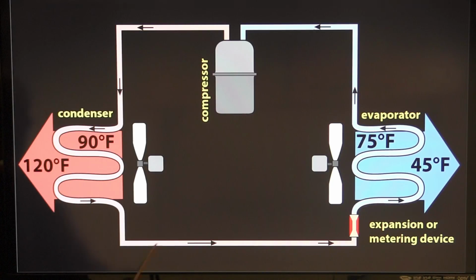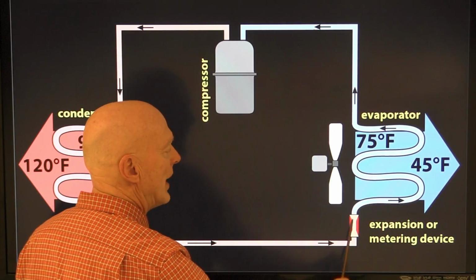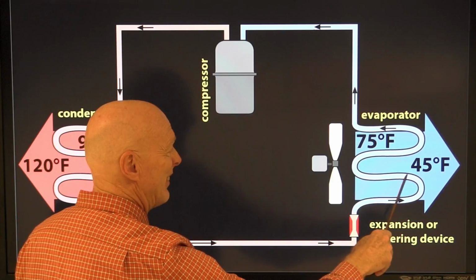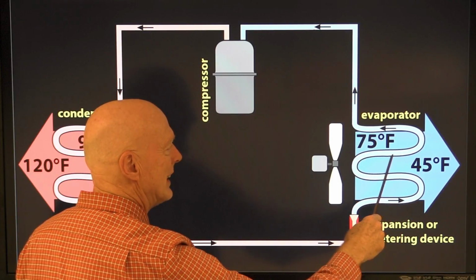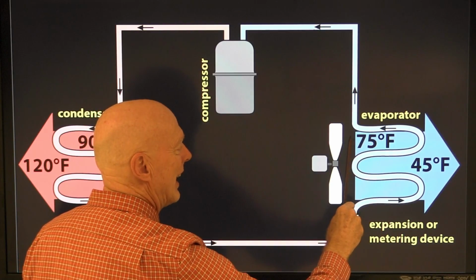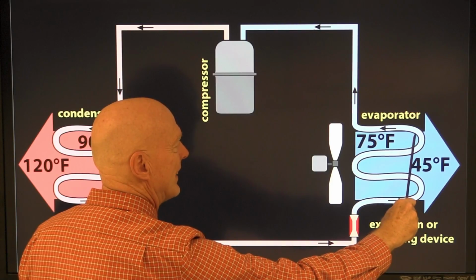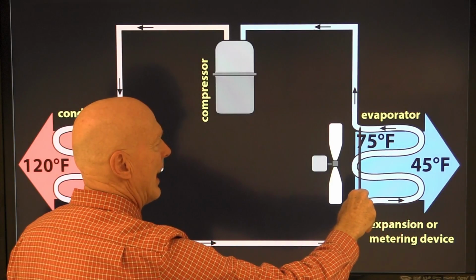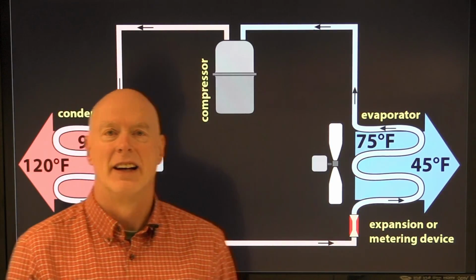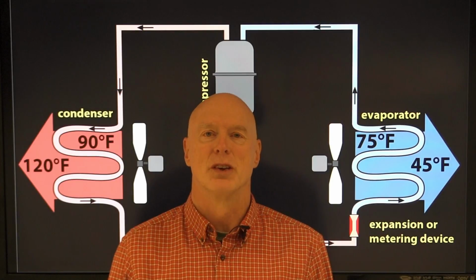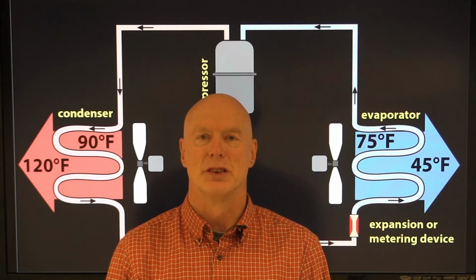Then we have the liquid coming over here to the expansion device or metering device, sprayed into the evaporator, becoming a gas again, and in the process sucking heat out of the air and out of the metal and cooling the air in the evaporator, and the gas comes out of the evaporator and back into the compressor. So those are the components of the refrigeration system and how they work.